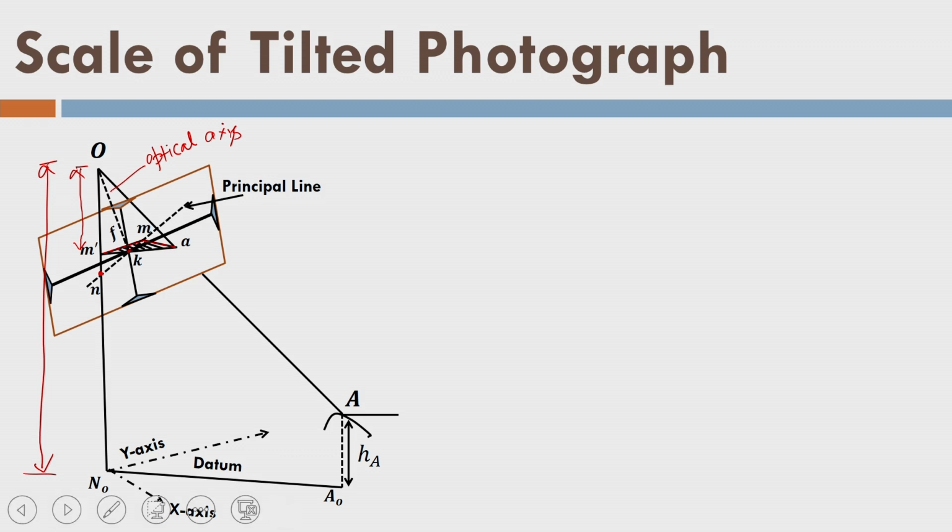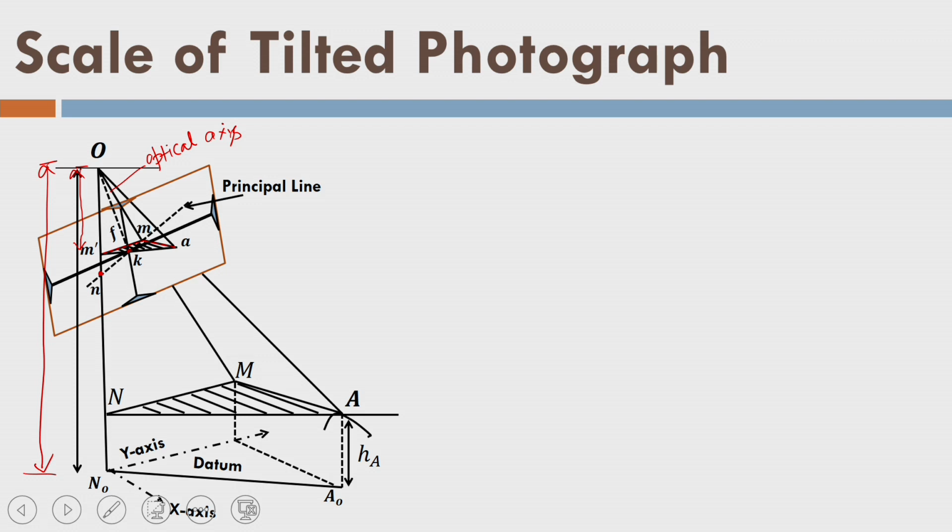So, let us draw a triangle which is in the horizon plane. We are also drawing the same triangle in the ground surface, which is shown by NMA. This is my flying height h, this is the point h minus HA. This triangle, O M dash A in the image, and this triangle capital O, capital N and capital A, are similar triangles.